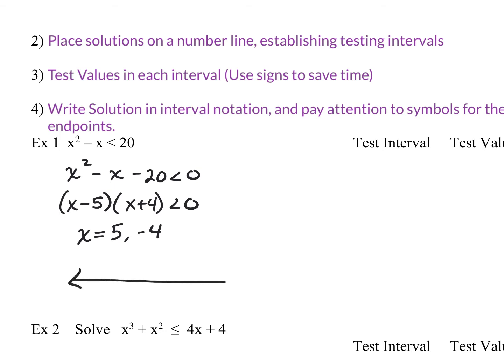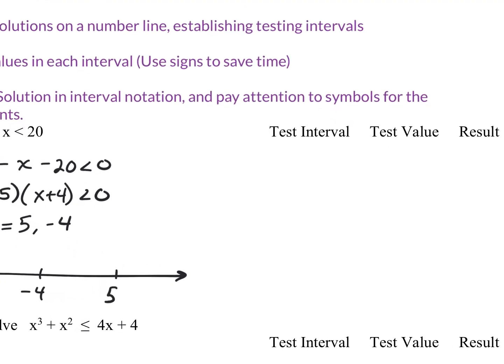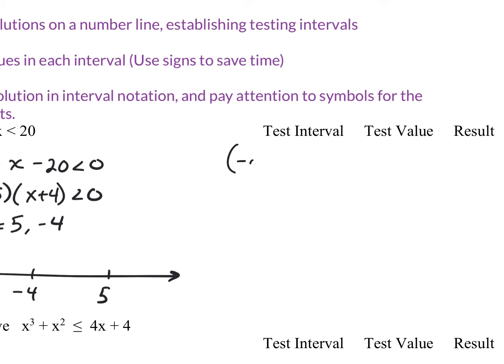We're going to put those values on a number line, like you see here. And basically we have 3 intervals to check. We need to test the interval from negative infinity to negative 4. We need to test the interval from negative 4 to 5. And we need to test the interval from 5 to infinity.